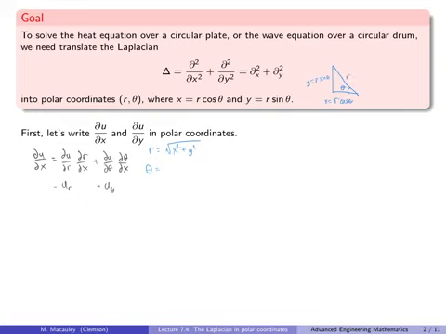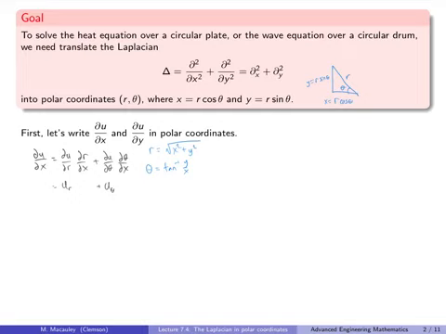Then r squared is x squared plus y squared. So that's what r is, and theta is the inverse tangent of y over x. There are other ways you could do that, such as inverse cosine or inverse sine, but let's just do it like this.